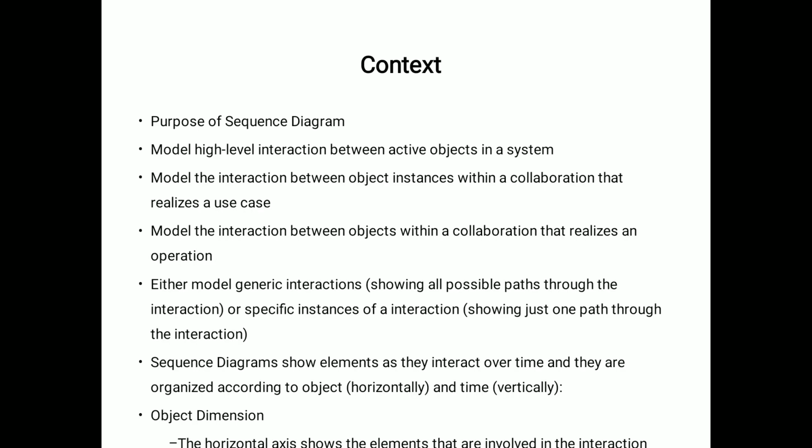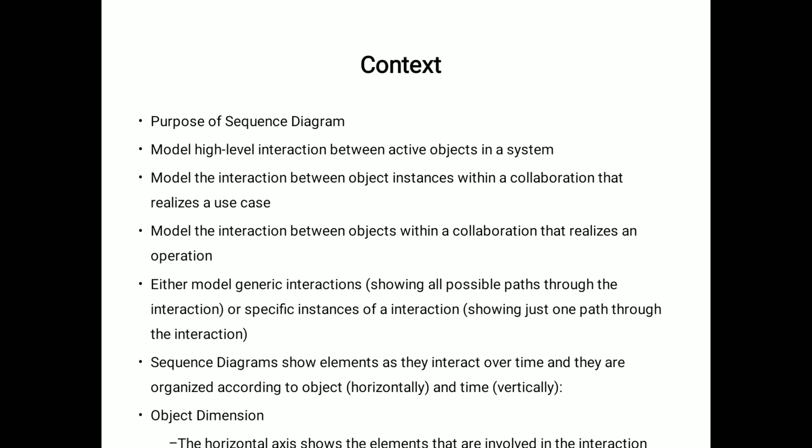If you see the context, it is clear that the purpose of the sequence diagram is to model high level interaction between active objects in a system. It models the interaction between object instances within a collaboration that realizes the use case. It models the interaction between objects within a collaboration that realizes an operation. Or it can model generic interaction.